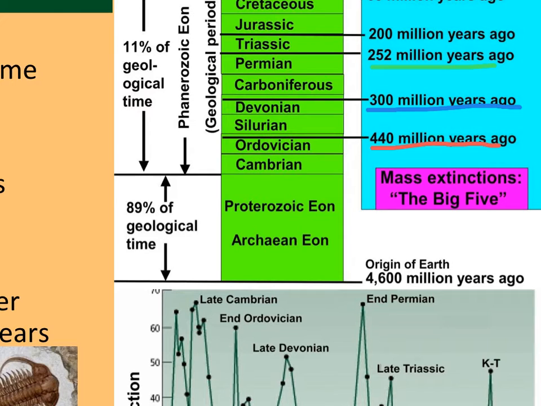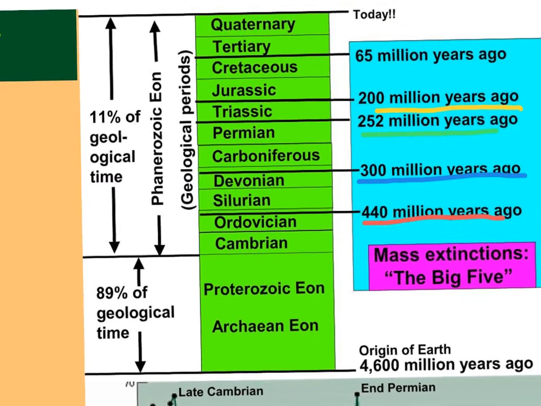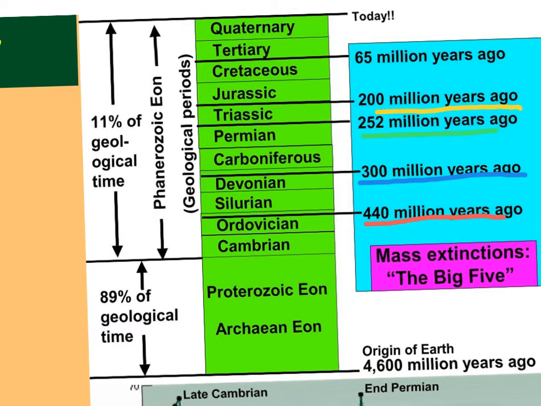Permian. Here we go. So that's 1, 2, 3, 4 of them. And then finally, the end Cretaceous mass extinction that ended the Mesozoic and was the start of the, what is it called? The Tertiary and Quaternary. 65 million years ago.